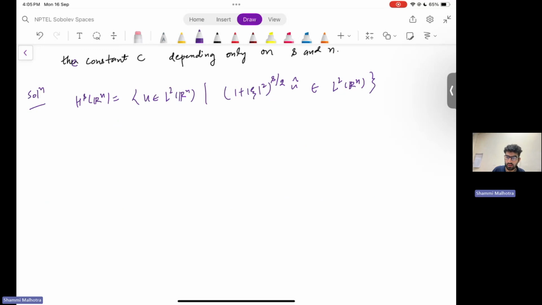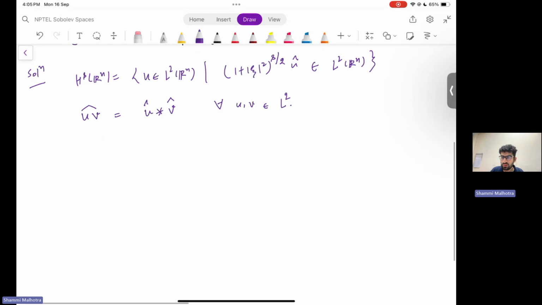And one more thing which we would like to use is that if we take u and v, and take the Fourier transformation of the product uv, it is actually nothing but the Fourier transformation of u convolved with the Fourier transformation of v. This is the result we have here, and this holds for all u and v in a good domain, let's say in L^2.